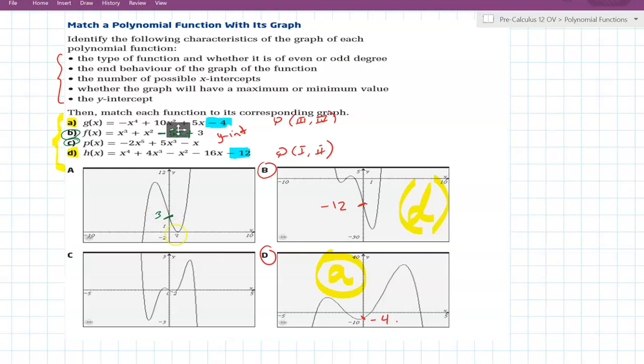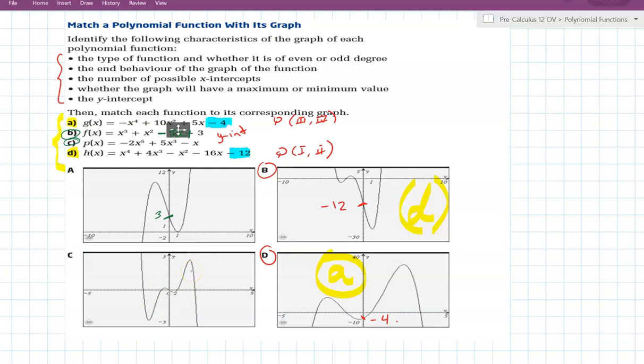We do have only 2 intercepts, that's okay, and we can see that there is no minimum or maximum in here, unlike the B and D graphs. They do have a maximum or minimum, right? And then for the quintic function, the number of curvature changes should be 4. We got 1 here, 2, 3, and 4, right?